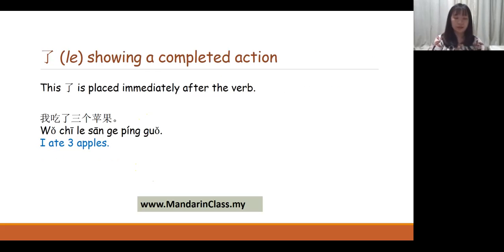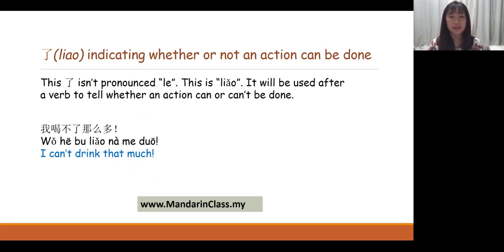And then the next one indicates whether an action can be done or cannot be done. Let's look at the example. Actually, for this one we don't pronounce le, we pronounce liao.